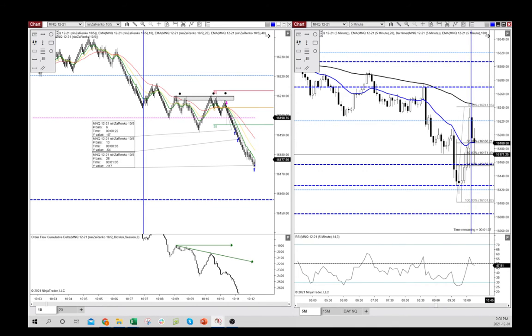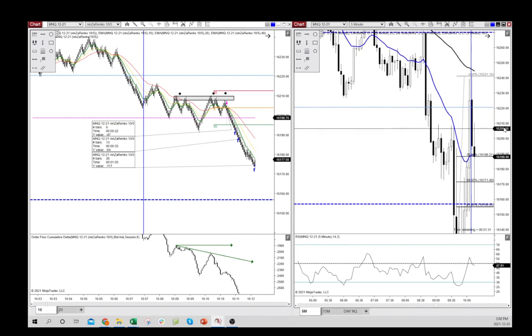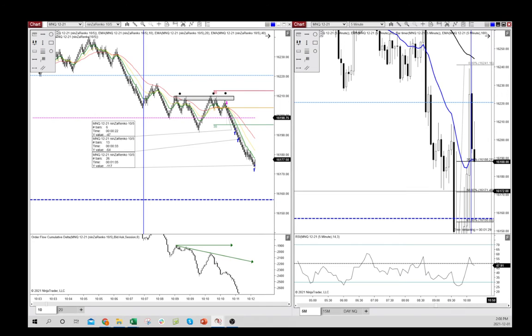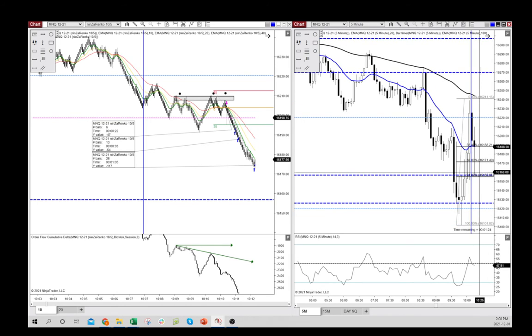So a good area to get out would be somewhere between 50 and 61% pullback, which in this case is between 171 and 155.